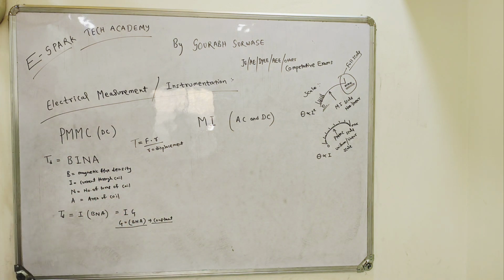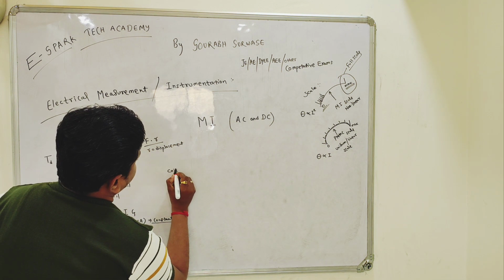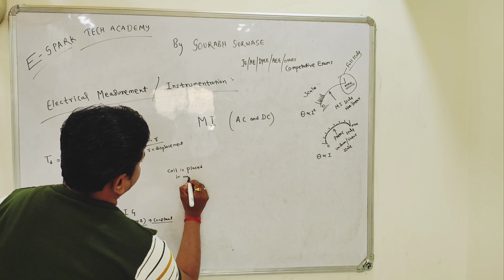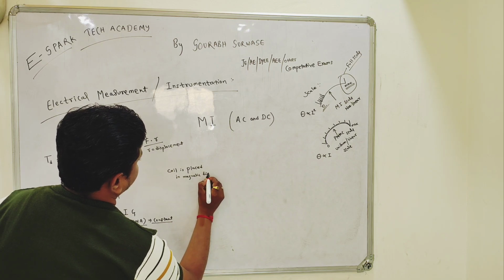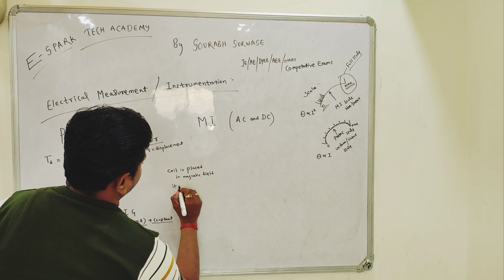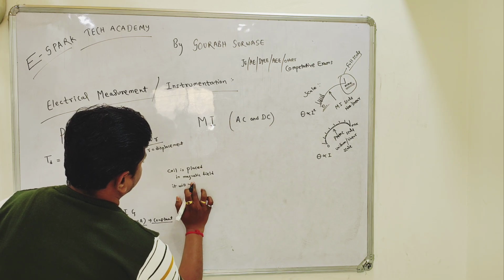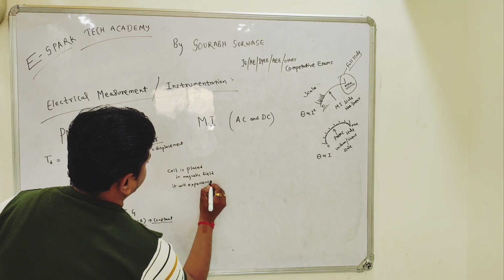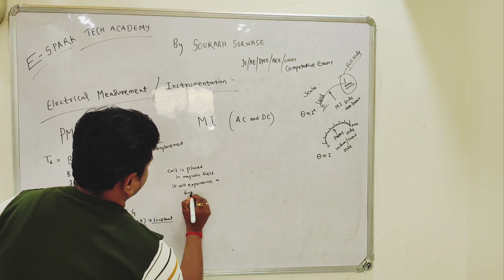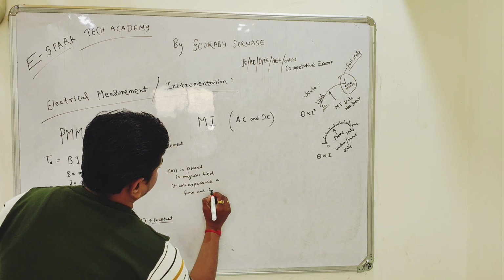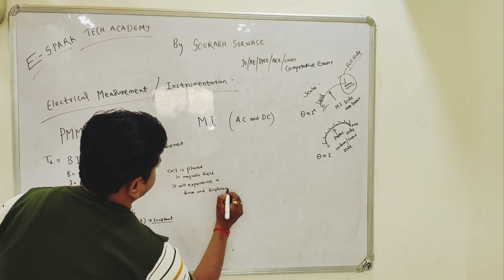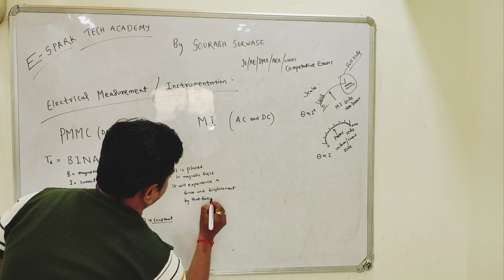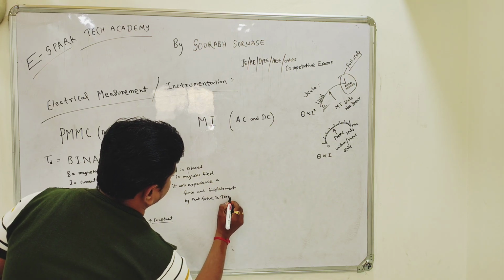What is permanent magnet moving coil? A coil is placed in magnetic field. It will experience a force, and displacement by that force is torque.